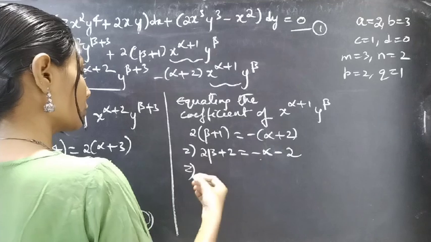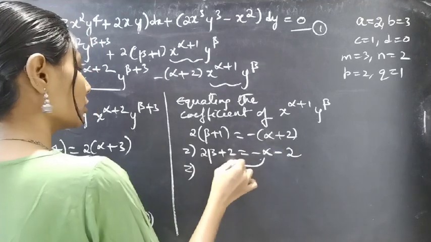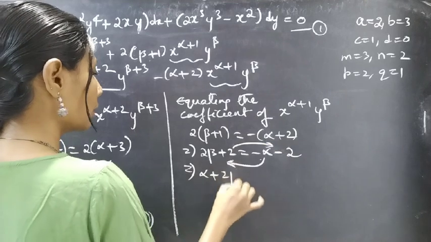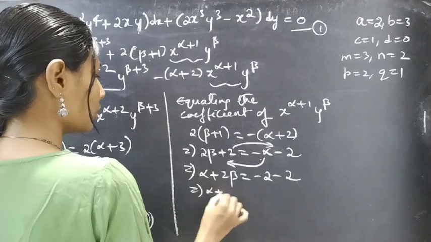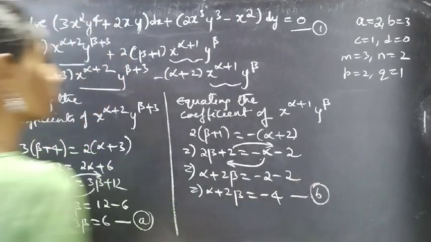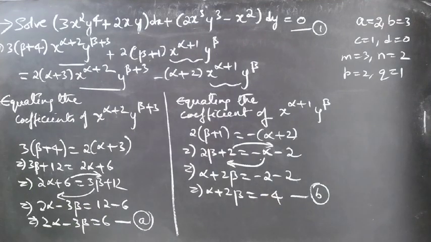Now bring minus α to LHS and take this 2 to RHS. We'll get α+2β equal to minus 2 minus 2, which gives us α+2β equal to minus 4. Consider this as equation number B. Now by solving A and B, we'll get α and β.